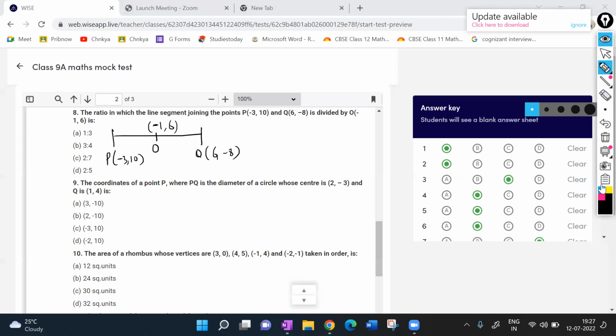So what are you going to get now? You need to find out the ratio. We need to find out m comma n. Minus 1 comma 6 is getting divided in the ratio of m is to n.